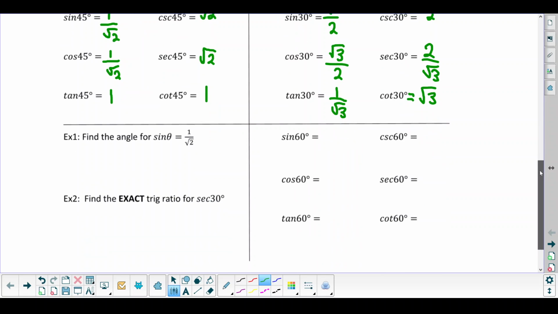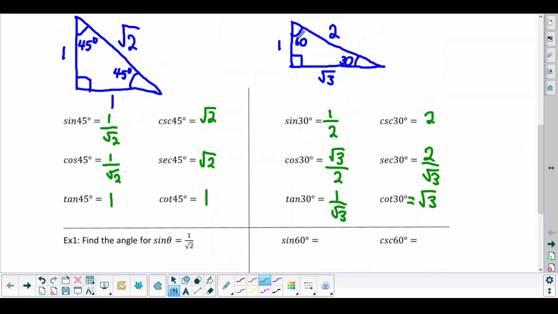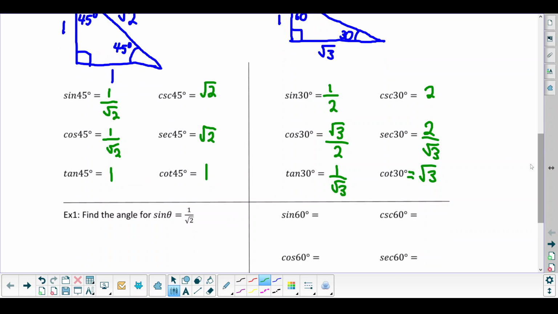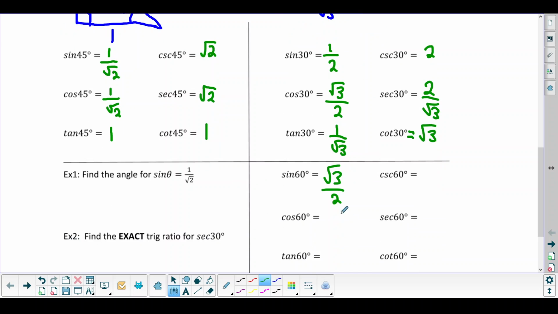Okay, let's do the 60 degrees. Okay, so for 60 degrees, sine is opposite over hypotenuse, so root 3 over 2. Cosine is adjacent over hypotenuse, 1 over 2.